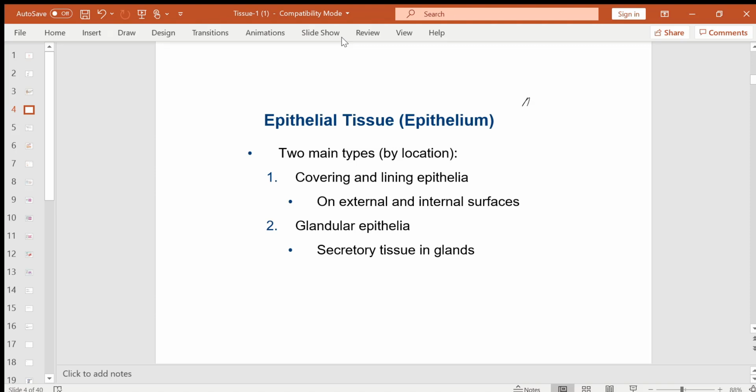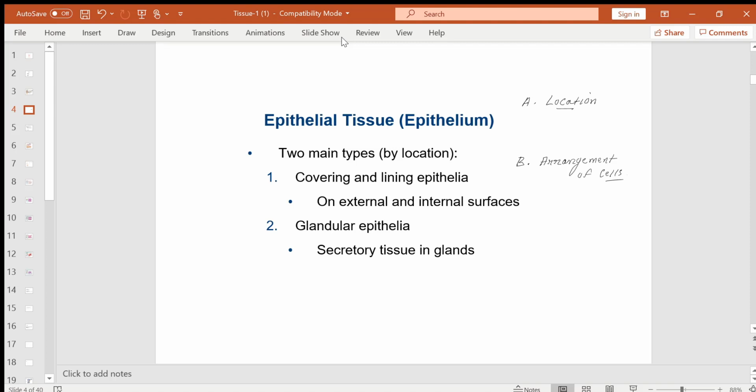One is by location, and another way is by arrangement of the cells in the tissue. Okay, so first we'll see how we classify the epithelial tissue by location.